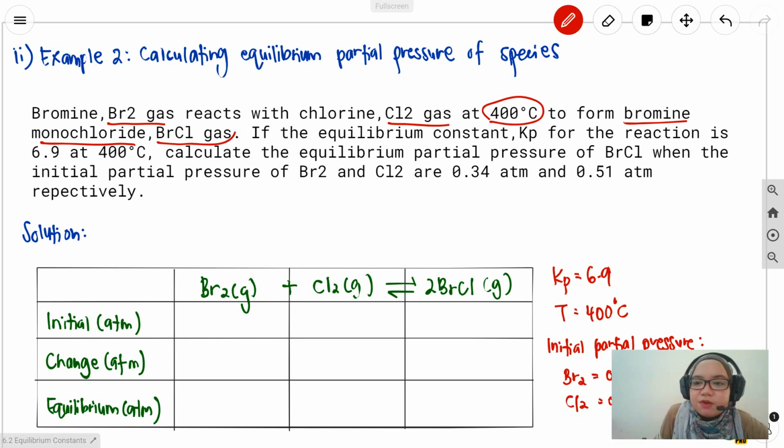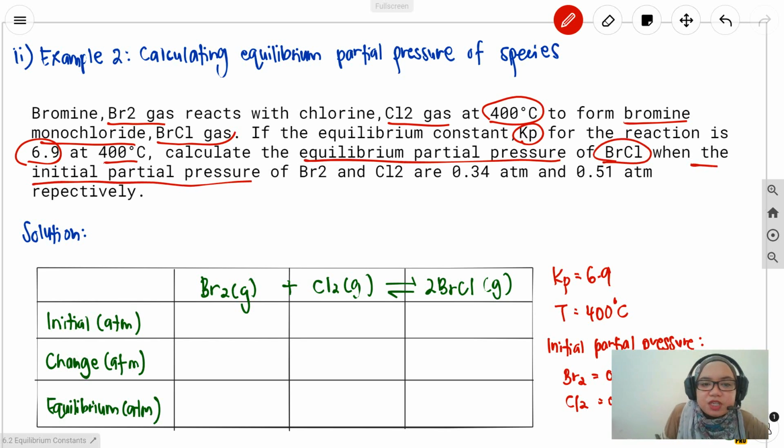If the equilibrium constant Kp for the reaction is 6.9 at 400 degrees Celsius, calculate the equilibrium partial pressure of BrCl when the initial partial pressure of Br2 and Cl2 are 0.34 atm and 0.51 atm respectively.